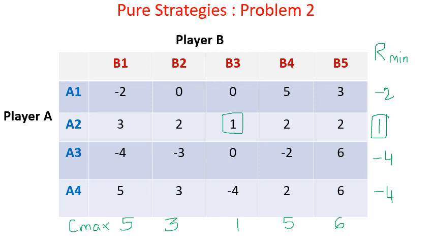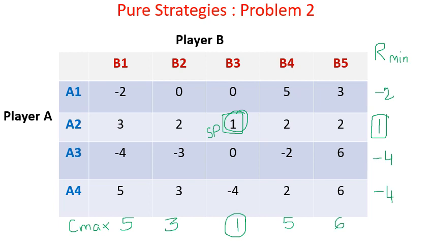Similarly, amongst the column maxima, which is the minimum, again the same one will be the minimum here. So this is the saddle point. The maximin again is equal to minimax, and the value of the game is 1, and the saddle point exists at A2 B3.